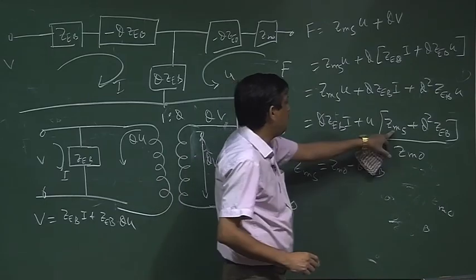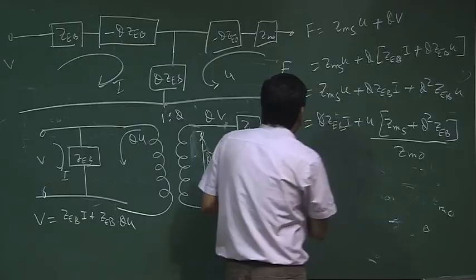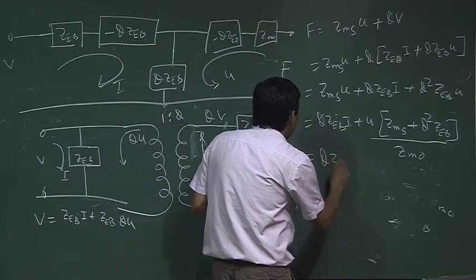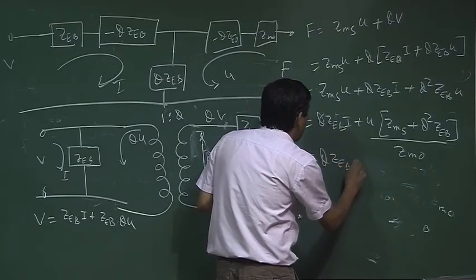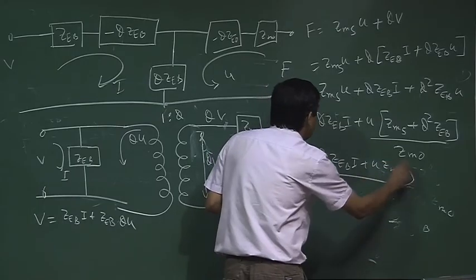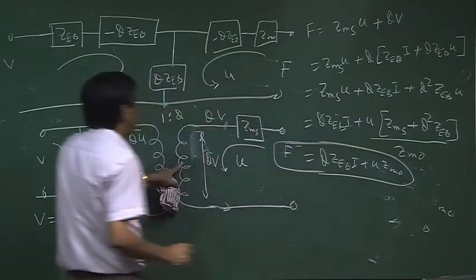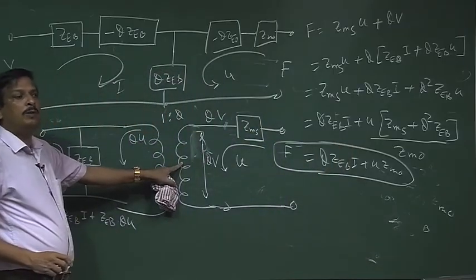If I put the ZMS value, only ZMO will remain. So, it is nothing but ZMO. So, I can write phi ZdB into I plus U ZMO. So, this is the F equation, F stands. So, this is the electrical equivalent circuit for my first circuit.